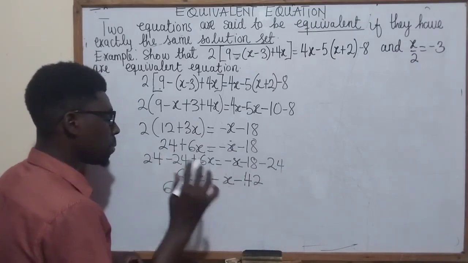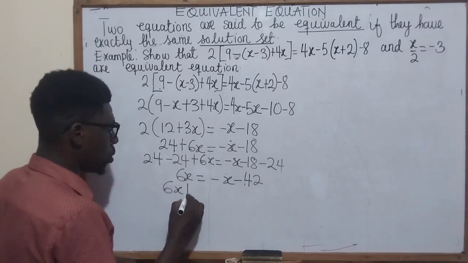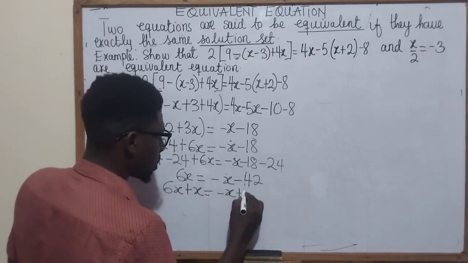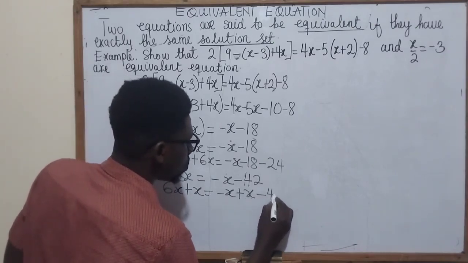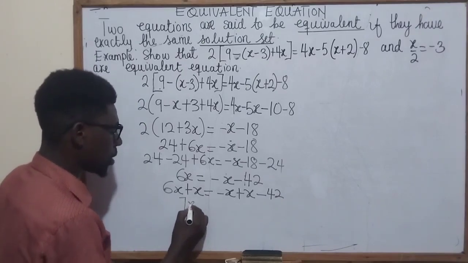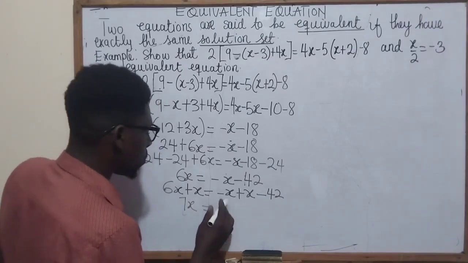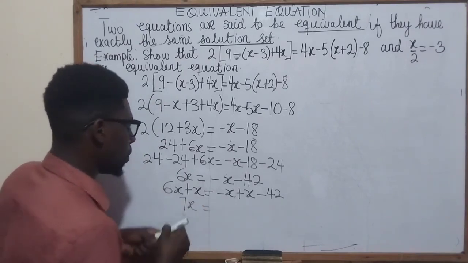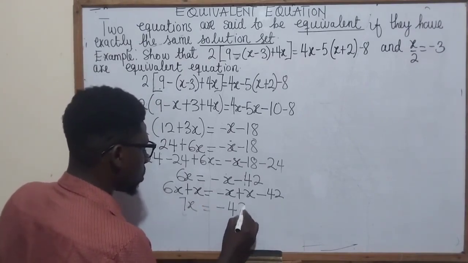So I'm adding plus x to both sides of the equation. I'm going to get 6x plus x, which gives me 7x, equals negative x plus x, giving me 0. So I'm going to get negative 42.